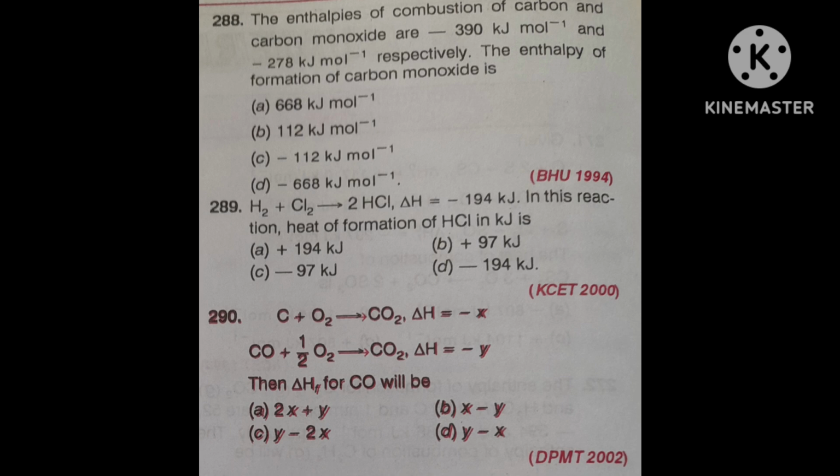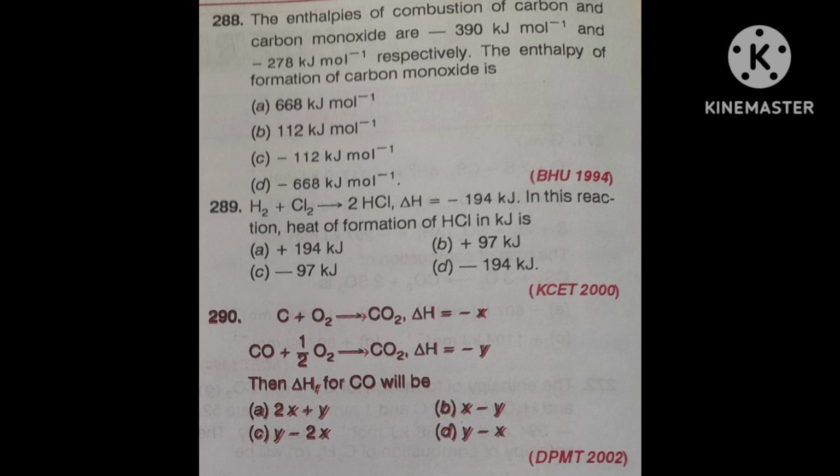Second, according to the question, CO plus half O2 gives CO2. This is again a combustion reaction. Already carbon is converted to carbon monoxide, now in the second step carbon monoxide will convert to carbon dioxide. The second reaction will be CO plus half O2 giving CO2, and its value is given minus 278 kilojoule per mole.